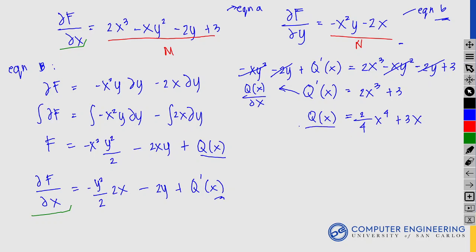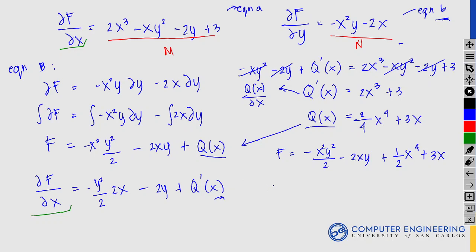We can now substitute back here. So we now have f is equal to minus x squared y squared over 2 minus 2xy plus 1 half x to the 4th plus 3x. I don't think we can simplify this further.